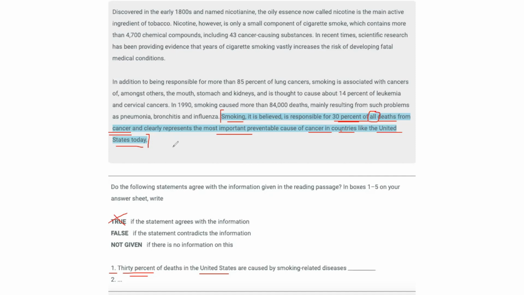And so this key detail, this very minute detail, would make this answer false because it is incorrect to say that 30% of deaths in the United States are caused by smoking-related diseases. It's 30% of all deaths from cancer, okay? And so this would be false.